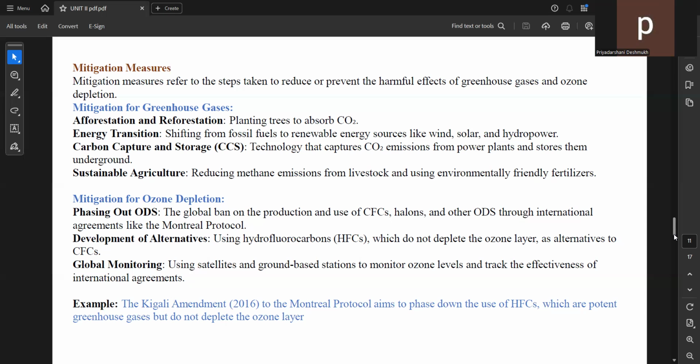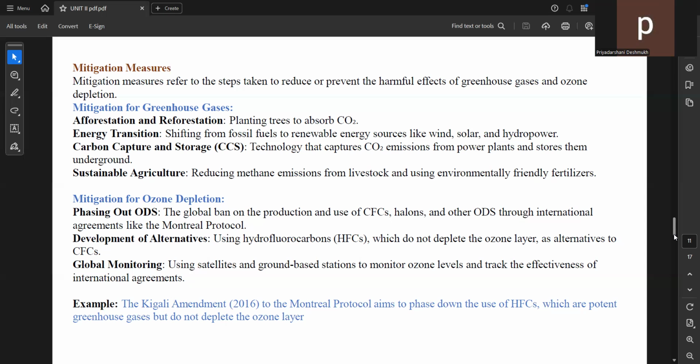So again, the four main mitigations of greenhouse gases are afforestation or reforestation, energy transition, carbon capture or storage, and the last one is sustainable agriculture.